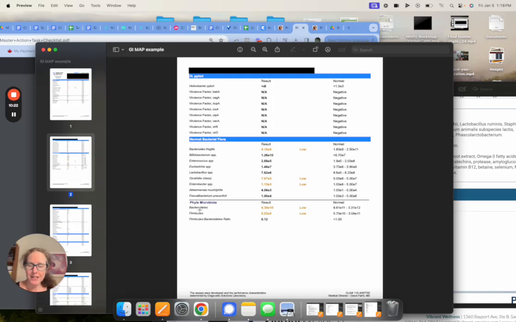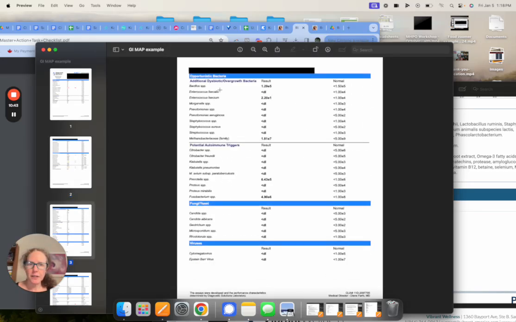We want Bacteroides to be a little bit more dominant than Firmicutes. And you can see again in this person, we have a pattern of insufficiency. Sometimes they are way off. And actually, this is an older report. Now the new reports actually have a bar graph, so you can actually see it visually, which is really nice.